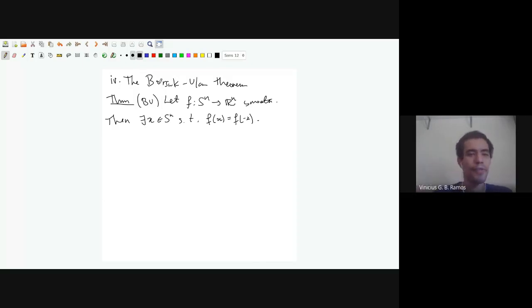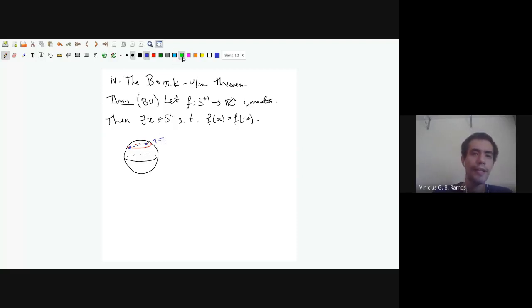I don't know if you've heard about that, but for example, if you look at the Earth, given any circle on the Earth, you can always find 2 points that are opposite to each other that have the same temperature. So this would be the application for n equals 1.